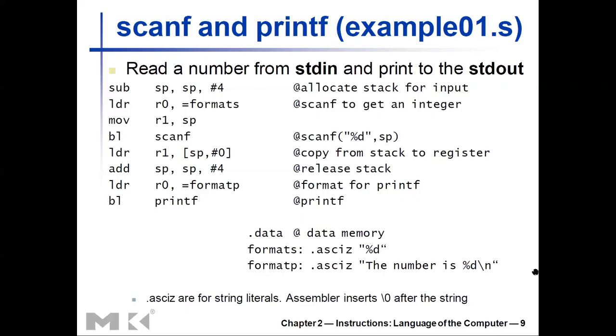Since these strings are easy to specify in ASCII, rather than looking up the ASCII values that correspond to these characters and putting them here, you can use this ASCII assembler directive to direct the assembler to recognize them as strings. So format S is a label, and then we have the formatting string.